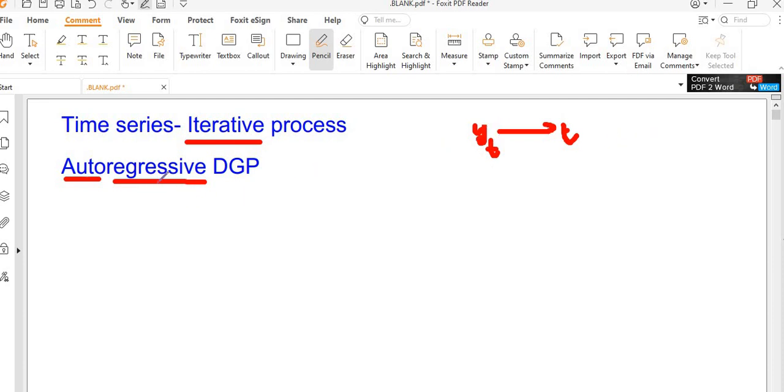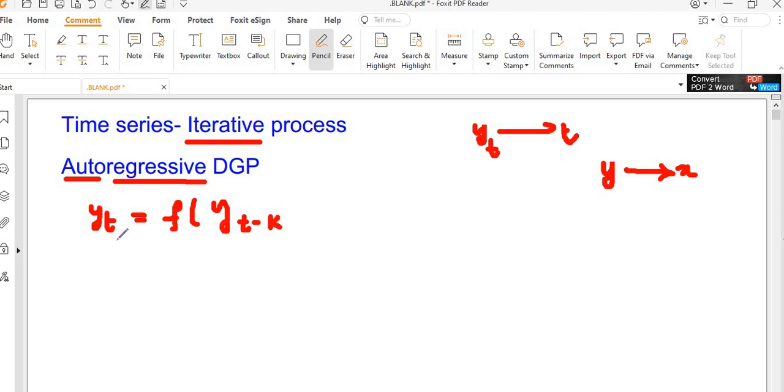Regressive means it depends, right? We use regressions when we have one variable, suppose yt depends on x, then we regress y on x. Here yt depends on itself. So autoregression means if we have yt on the left hand side of the regression equation, then we have functions of yt minus k.